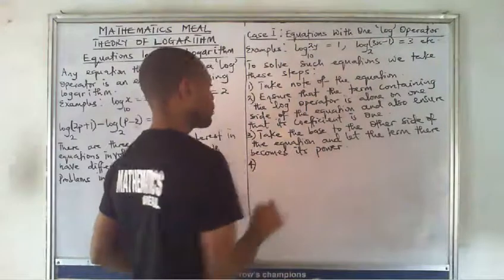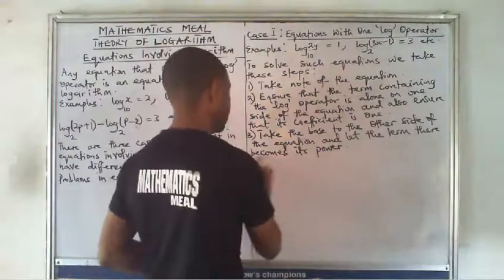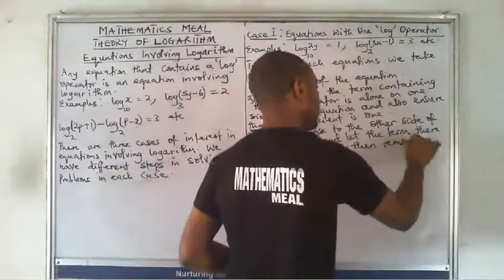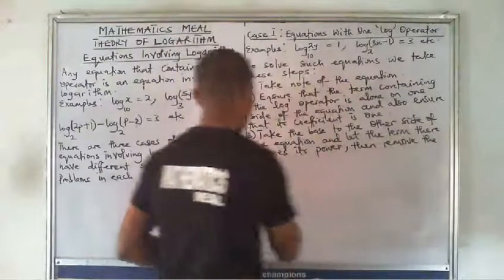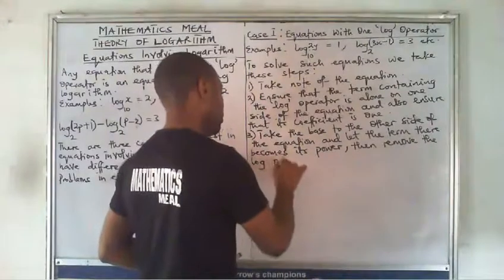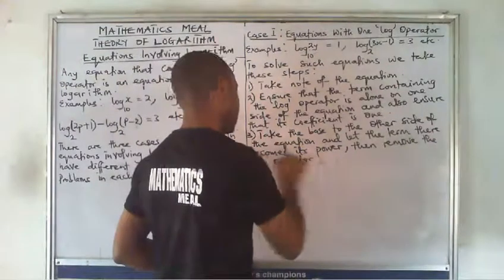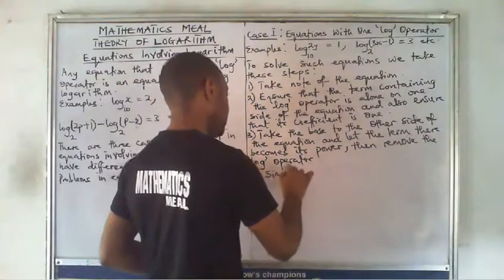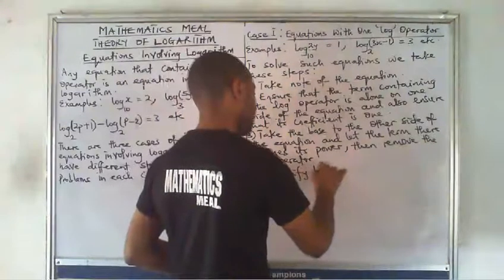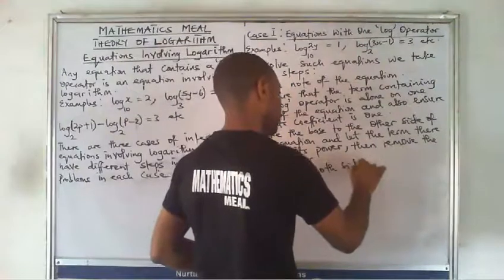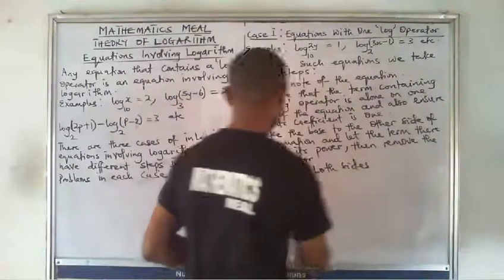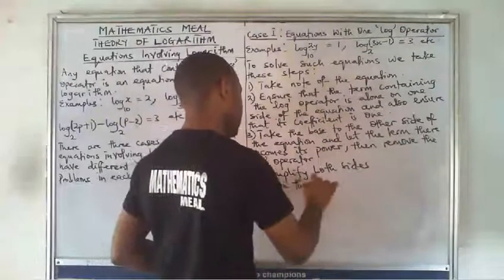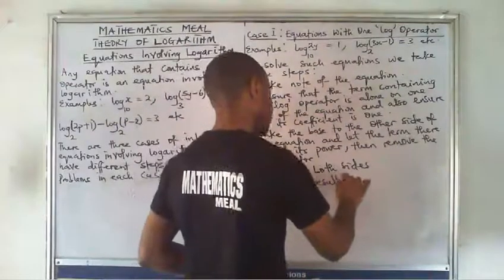Then remove the log operator. Okay, 4. Simplify both sides. Then finally, solve the resulting equation in order to find the answer.